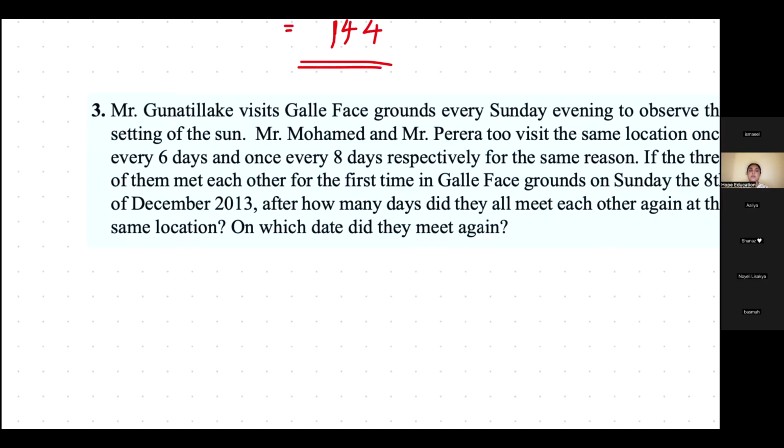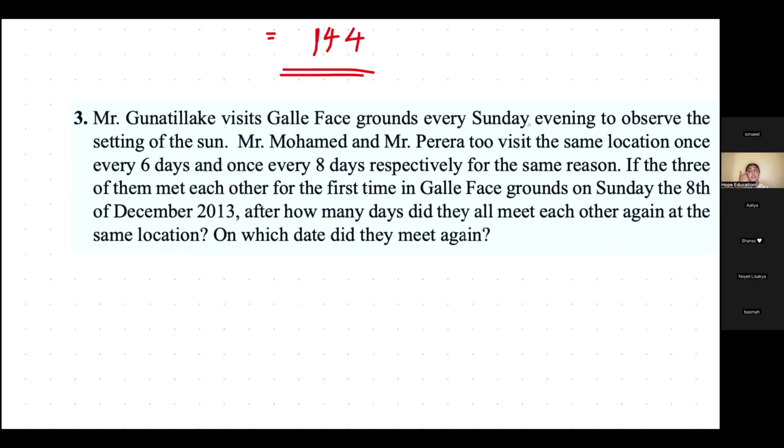Mr. Gunatilaka visits Golf's grounds every Sunday evening to observe the setting of the sun. Mr. Mohammed and Mr. Pereira visit the same location once every 6 days and once every 8 days respectively for the same reason.